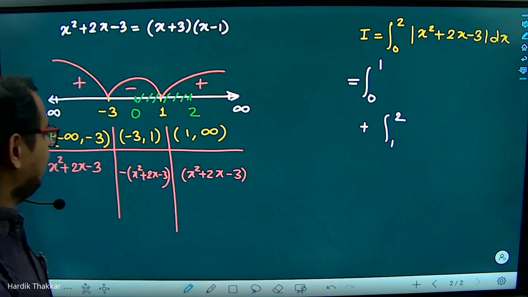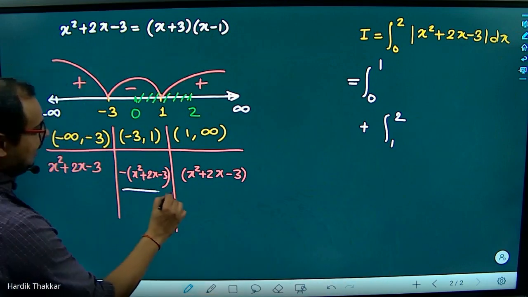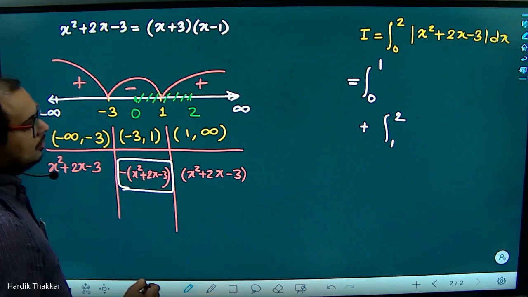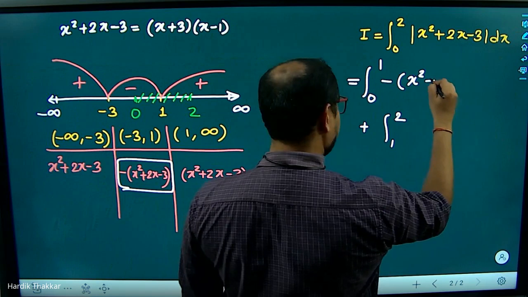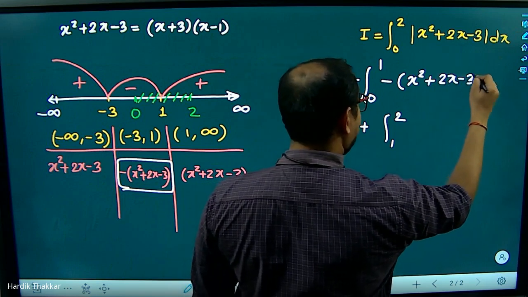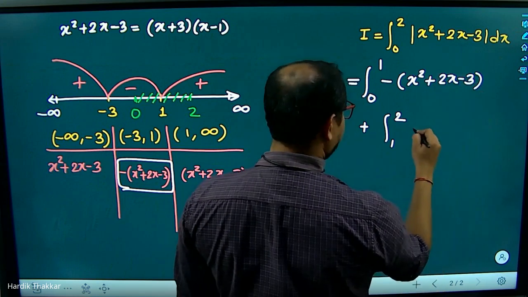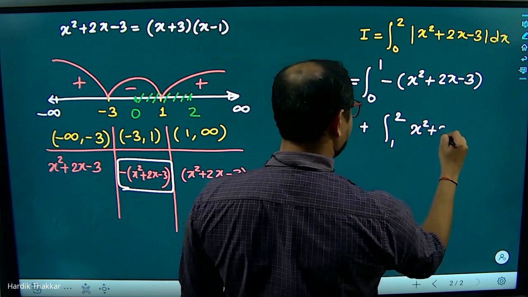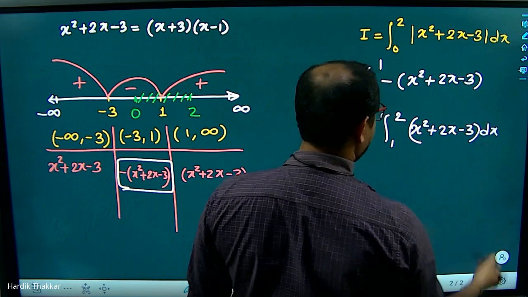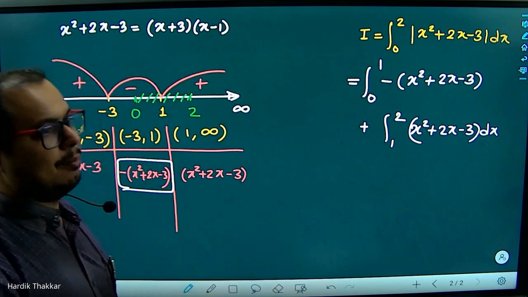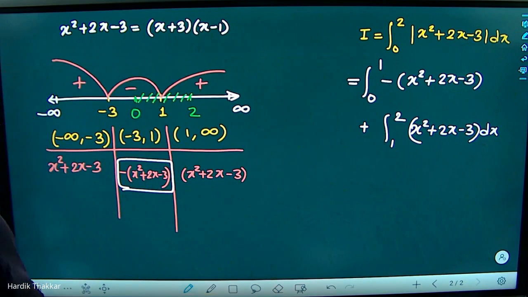From 0 to 1, we will take minus of x square plus 2x minus 3. And from 1 to 2, we will take the positive value x square plus 2x minus 3 dx, like this. And further, you can integrate and apply the limits, and the final answer will be there.